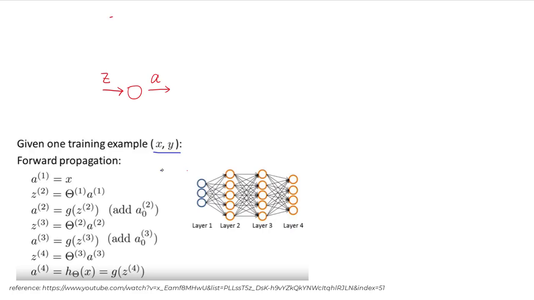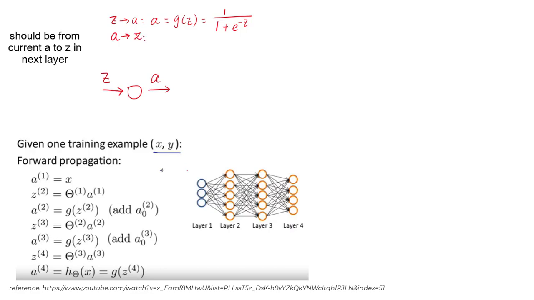So if you want to go from z to a, you would have a equals g(z) equals 1 divided by 1 plus e to the negative z, which is known as the sigmoid function. And if you want to go from a to z, then you would have z equals theta times a plus b, where b is the bias term.